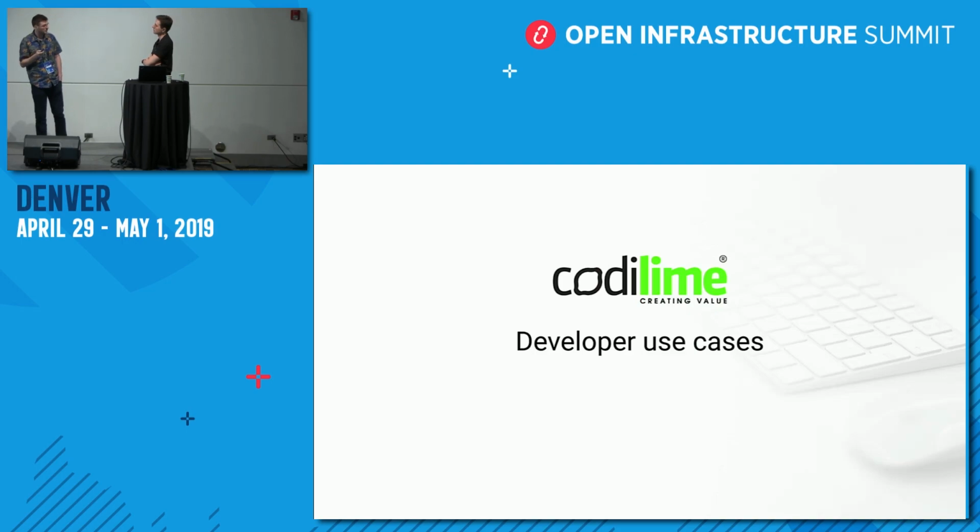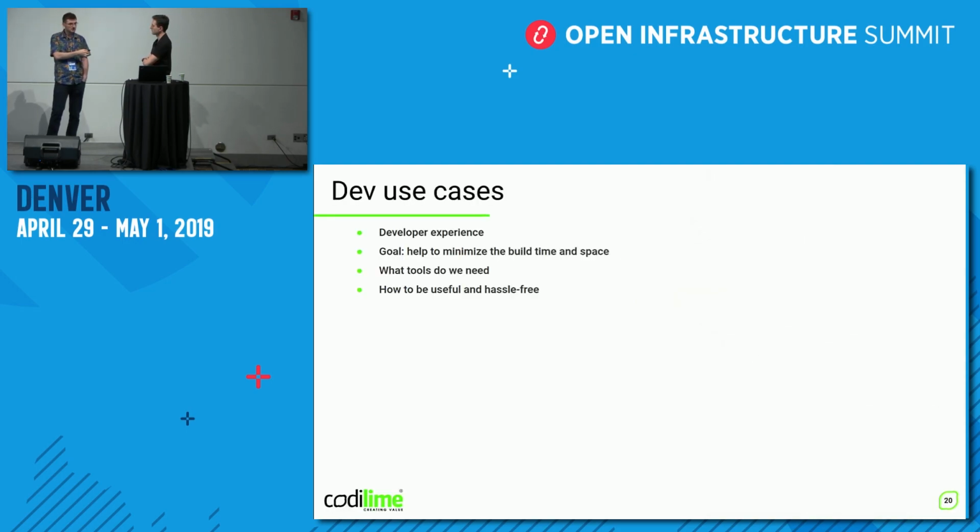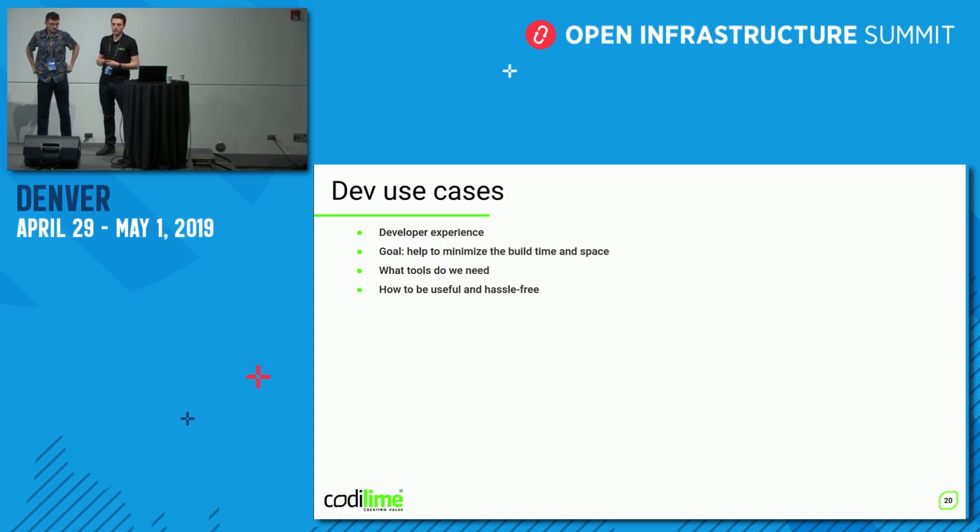So, developer user experience. Okay, so this was a short skim over the new build tools. And now, how do we want to use them and provide them to the developers?